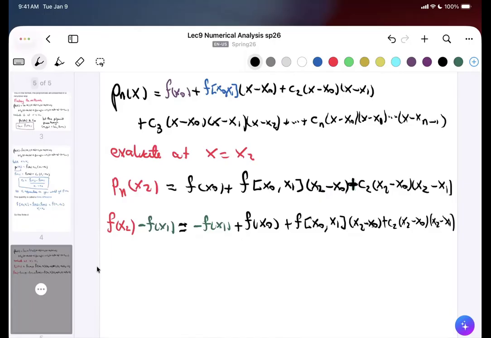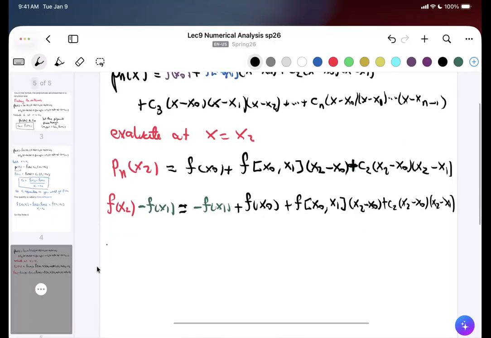Let me write it this way. I'll write it as the divided difference of x1 with x2 times x2 minus x1.